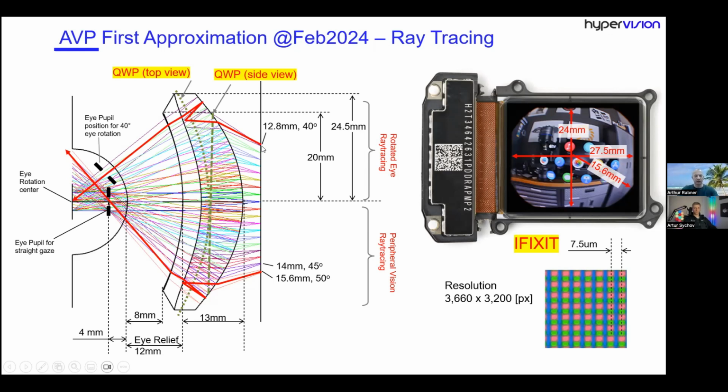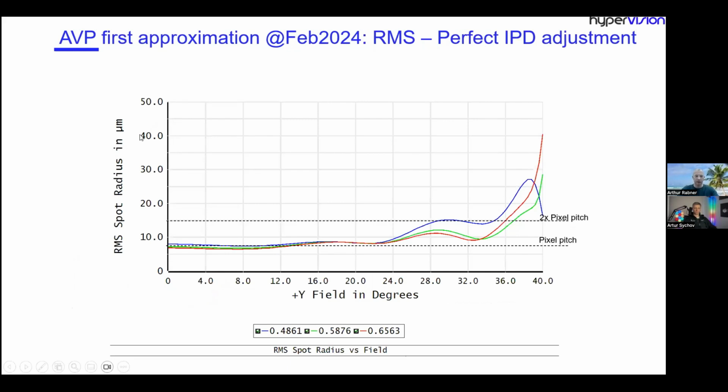They are not focused exactly in one point on the display, but they have some spread spot. This spread spot is measured by a root mean square, something like a Gaussian distribution of rays around the focus, and it's measured in microns, the same as pixels are measured in microns.